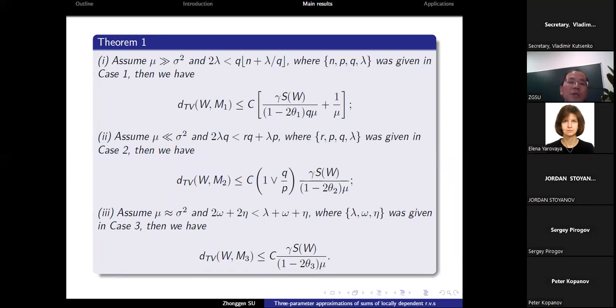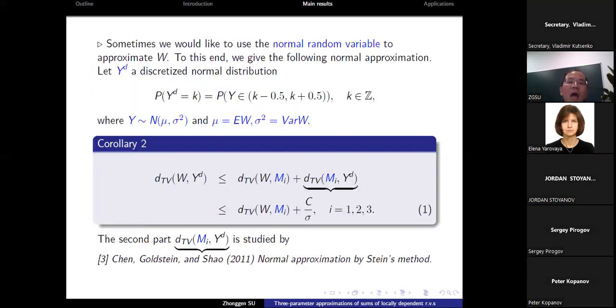Similarly, we have a result in the case mu less than sigma squared, and the case mu approximately equal to sigma squared. Okay, this is quite abstract. Sometimes we would like to use a normal random variable to approximate W. To this end, we give the following normal approximation result.